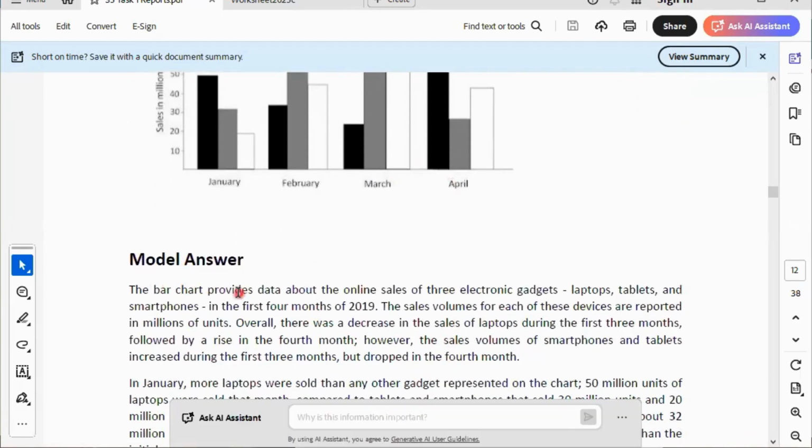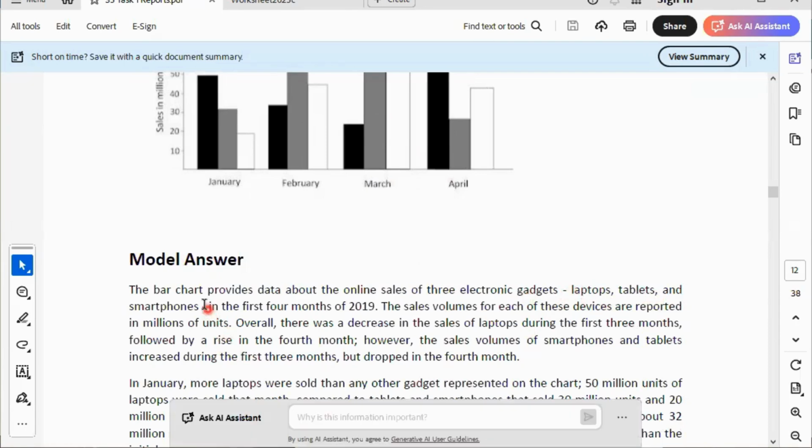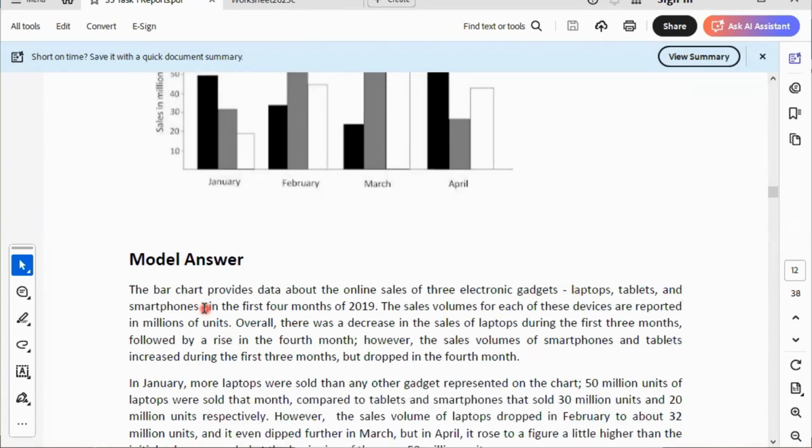The bar chart provides data about the online sales of three electronic gadgets. What are the gadgets? Dash. And I listed the gadgets: laptops, tablets, and smartphones. And then I put another dash to show that I've stopped listing. In the first 4 months of 2019, January, February, March, April, the sales volumes for each of these devices are reported in millions of units.